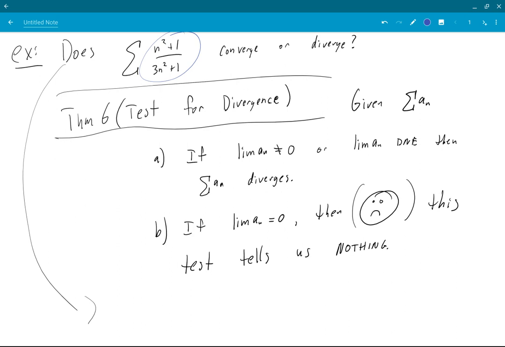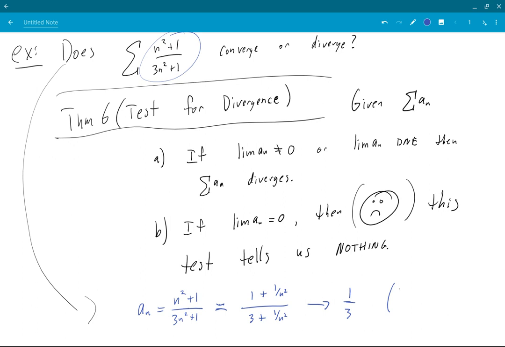Okay, the sequence an, n squared plus 1 all over 3n squared plus 1, is equal to, if I divide top and bottom by n squared, 1 plus 1 over n squared all over 3 plus 1 over n squared, which goes to 1 over 3.